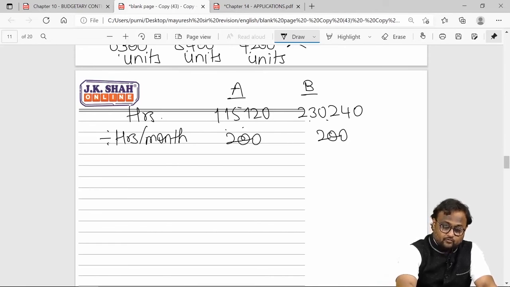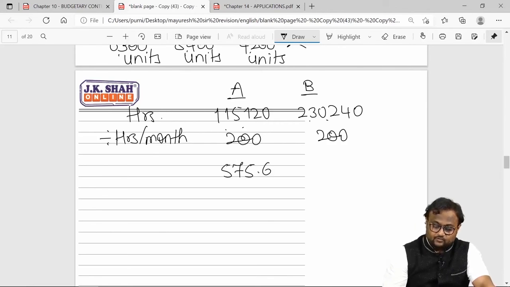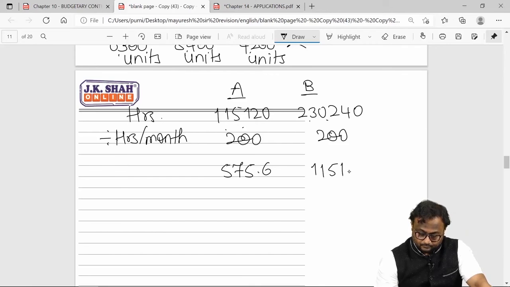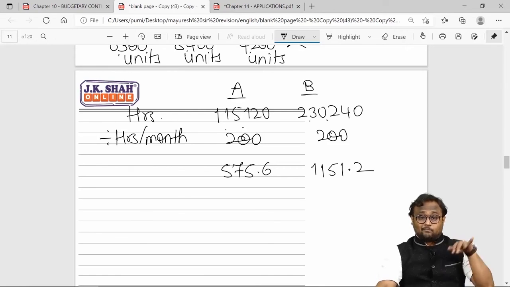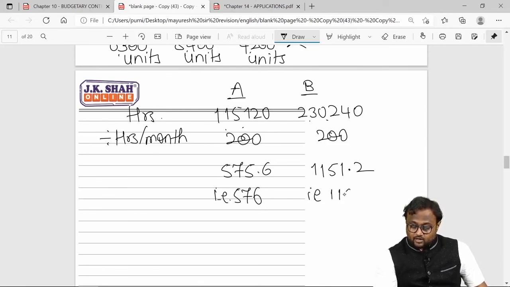So guys, to complete the workload of 115,120, 575.6 workers will be required, and for carrying on the workload of 230,240, 1,151.2 workers are required. You can't have a 0.6 worker and 0.2 workers. So this has to be rounded off as 576, and this will be rounded off as 1152.